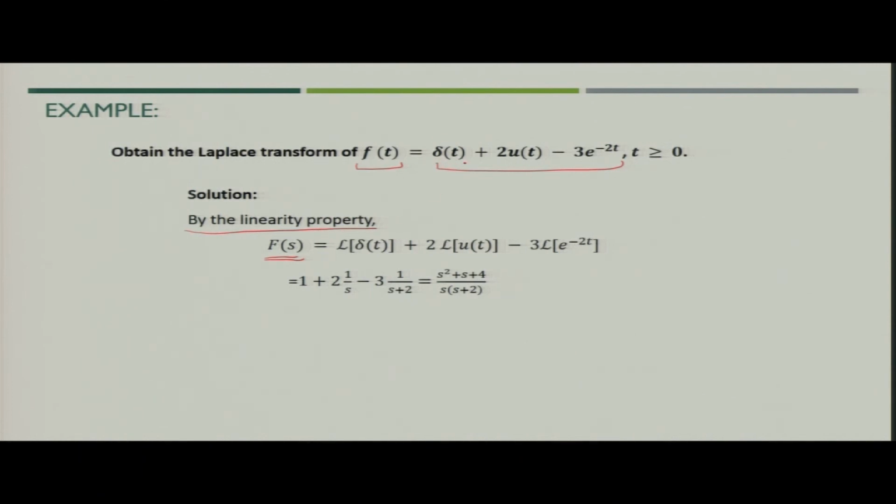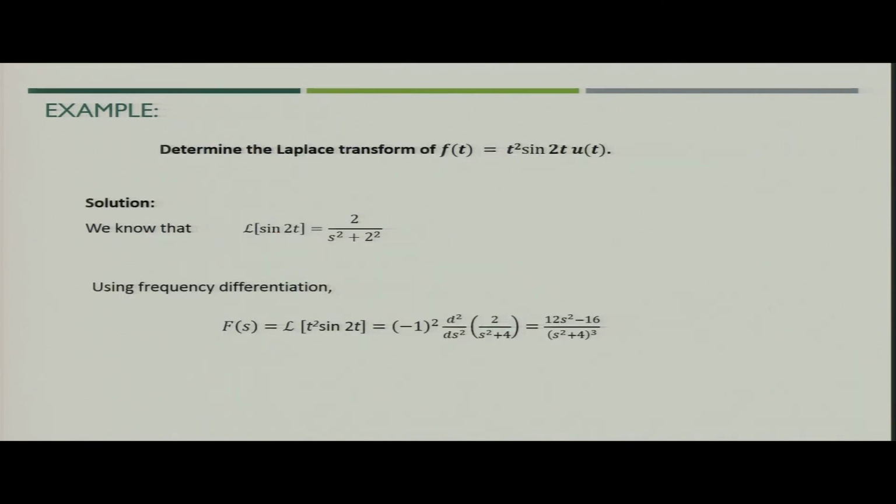The Laplace of delta t will be 1, Laplace of u(t), with the 2 taken out, will be 1 by s, and then the Laplace of e to the power minus 2t will be 1 upon s plus 2. So, now you know the Laplace transform of all three terms. You will simplify, then you will get the Laplace transform of the complete function f(t), that is s square plus s plus 4 divided by s into s plus 2.